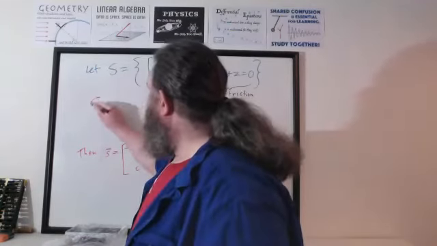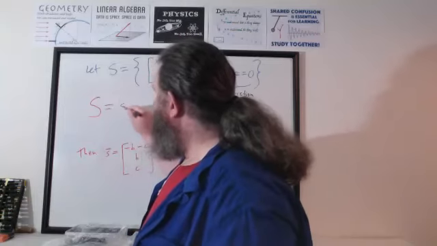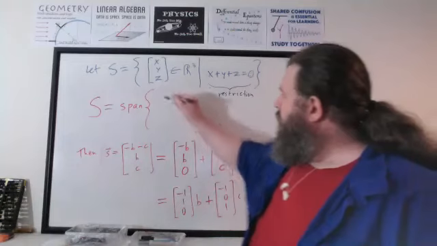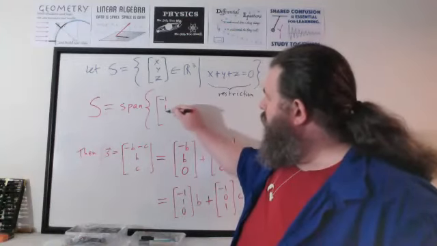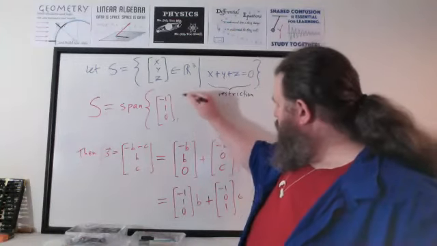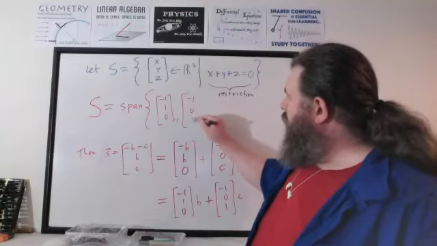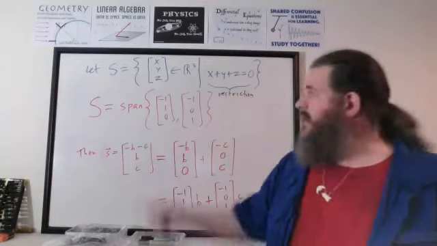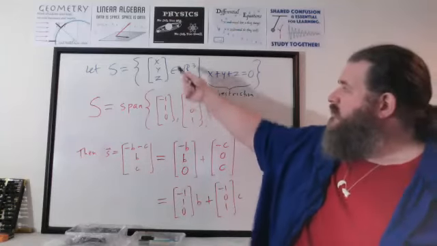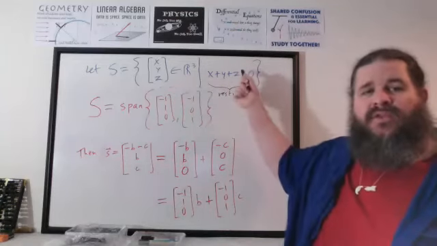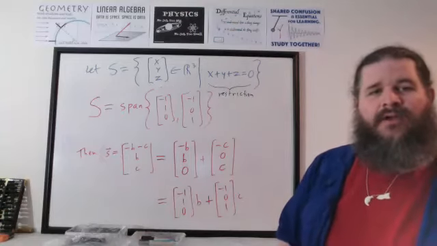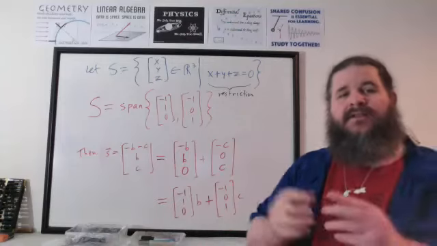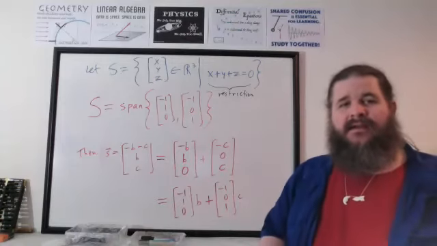We can say S, the set, equals the span of these 2 vectors: negative 1, 1, 0, and negative 1, 0, 1. And this is often much more convenient than having a description like this, because instead of describing set S based on some property that its vectors have, we're now describing set S in terms of what building blocks you need to construct everything in that set.